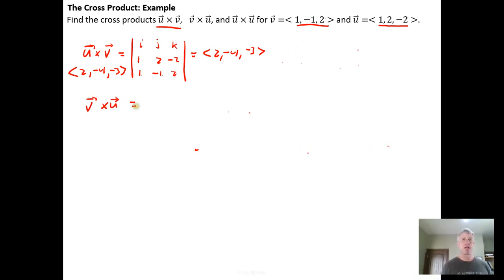And so this calculation is still going to be I, j, k. But now instead of u being row 2 and v being row 3, they're going to be reversed. The components of v will be in row 2: 1, negative 1, 2, and then row 3 will be 1, 2, negative 2.